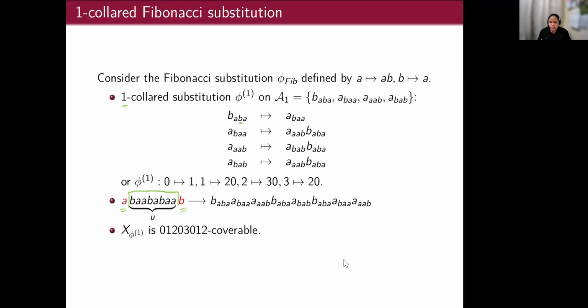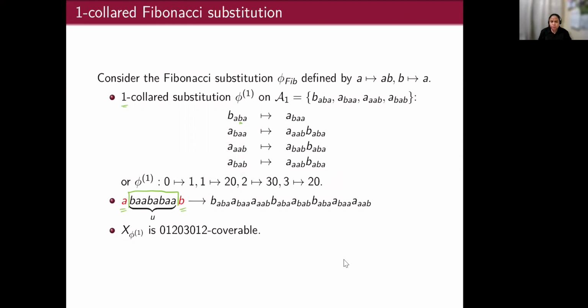Okay, so we can also denote the one colored Fibonacci substitution in this manner, by representing the letters in our new alphabet as 0, 1, 2, and 3.